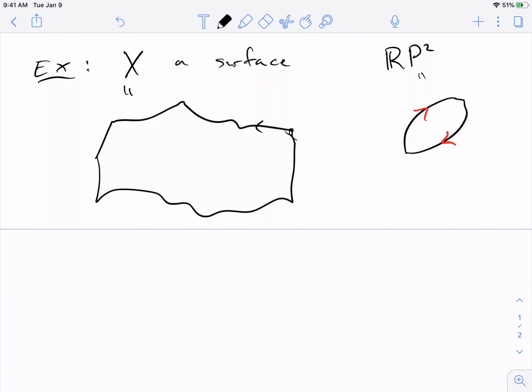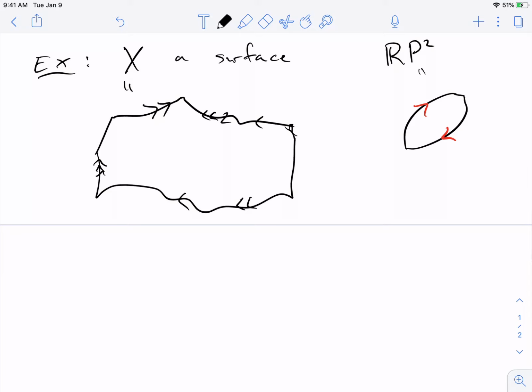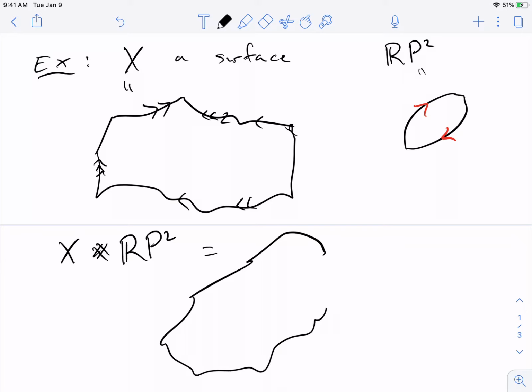Maybe I'll draw some edge identifications here. Something complicated. So X is complicated. RP2, I know exactly what it looks like. Well then, if I take the connected sum of X with RP2, what I get is my big complicated polygon.